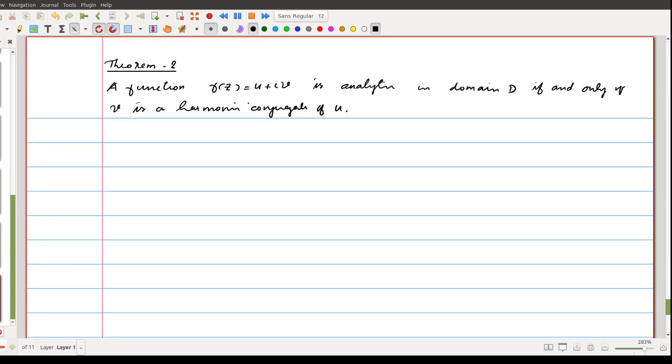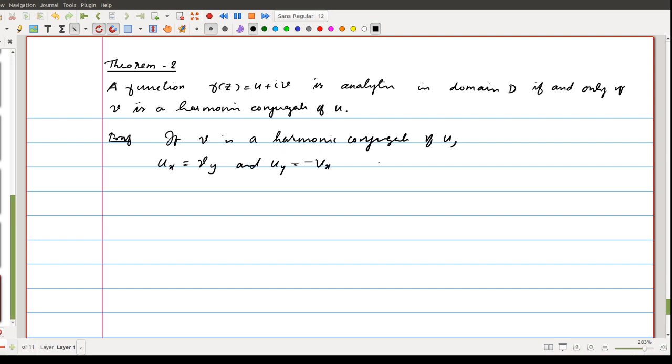A function f of z equal to u plus iv is analytic in a domain D if and only if v is a harmonic conjugate of u. One part is trivial. If v is a harmonic conjugate of u, in the definition itself you will get ux equal to vy and uy equal to minus vx.